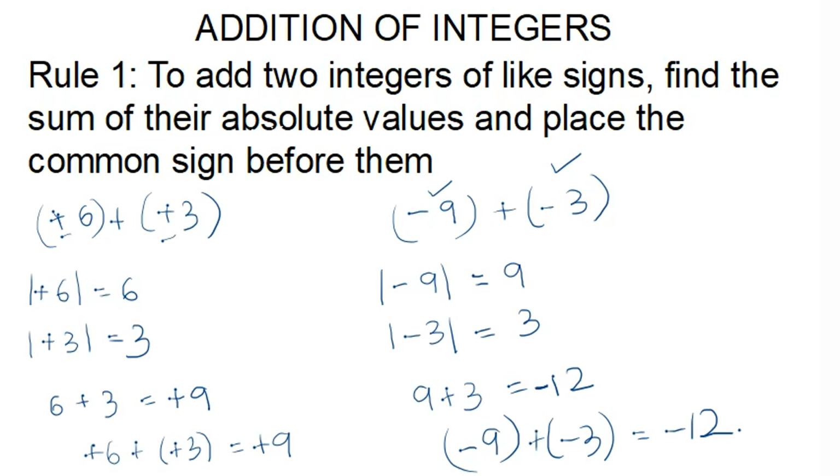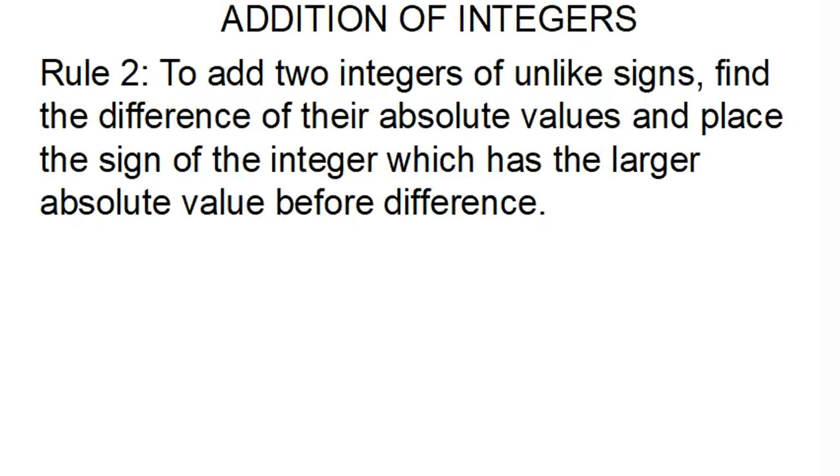Now we'll move on to the second rule of addition of integers. The second rule goes like this. To add two integers of unlike signs, find the difference of their absolute values and place the sign of the integer which has the larger absolute value before the difference.